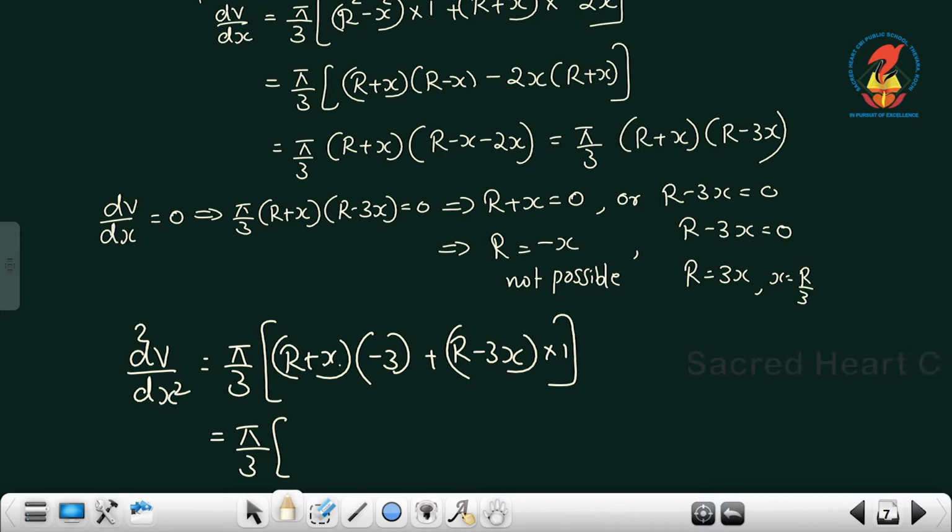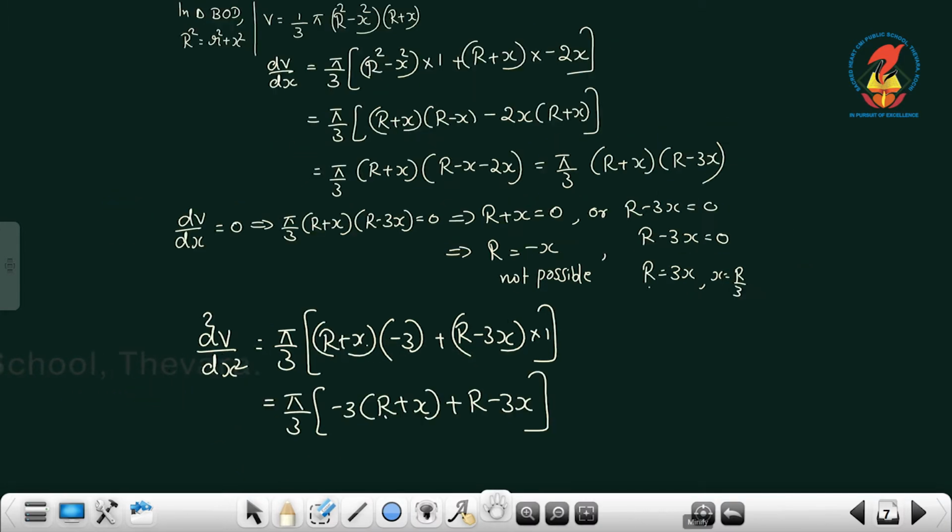Minus 3 into R plus x plus R minus 3x. This R minus 3x, what is the x value or R value? R is 3x. When R is 3x, the second part is 0. When R is 3x, 3x plus x is positive, into minus 3 is negative.